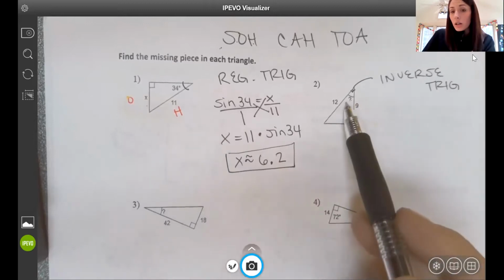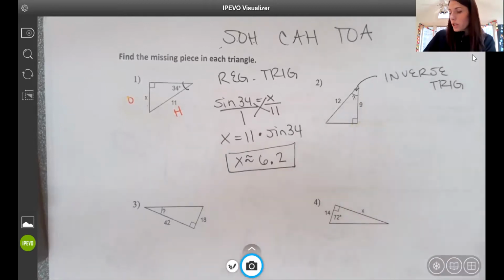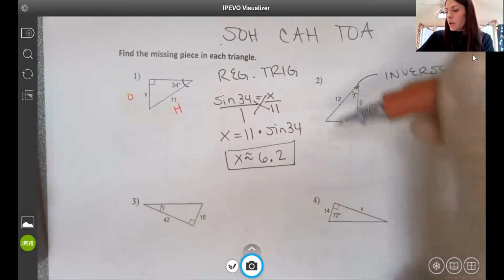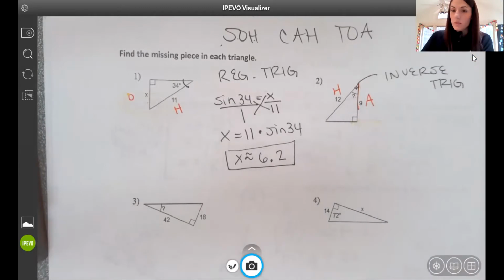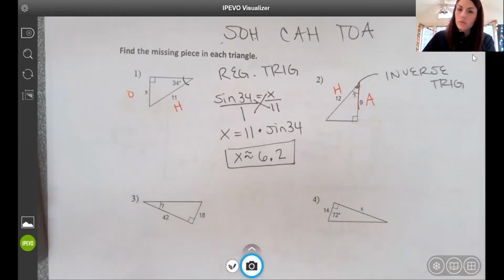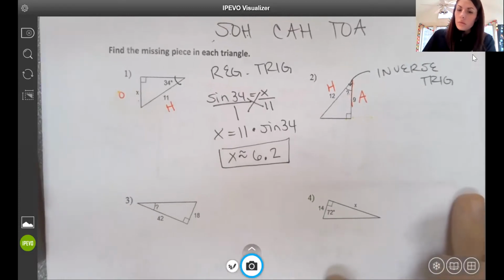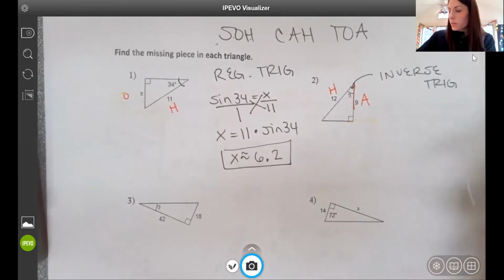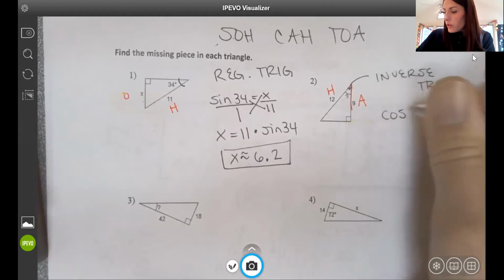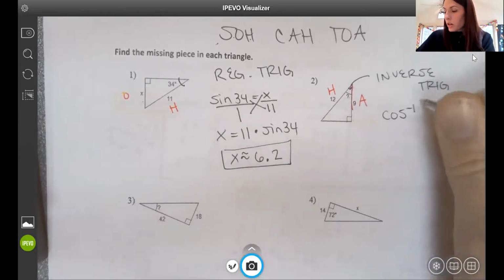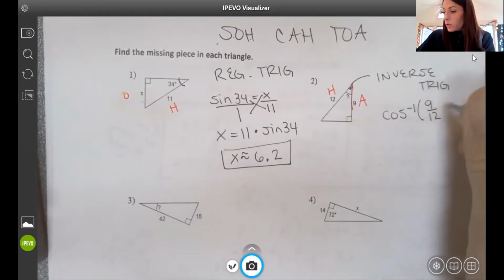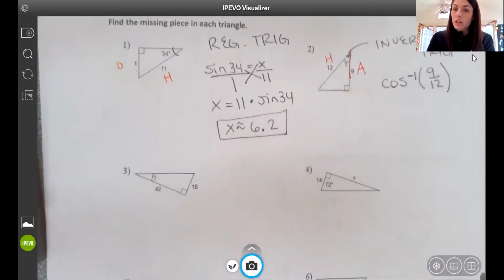Okay, missing angle, I'm going to do inverse trig, and so from this angle, I have a hypotenuse, and this side that's connected to the angle is adjacent. So which trig function do I want to use? Cosine. And so I go, well, the inverse cosine, so I'm not using regular trig, inverse trig, because it's an angle of 9/12, and it's really just a calculator activity, right?